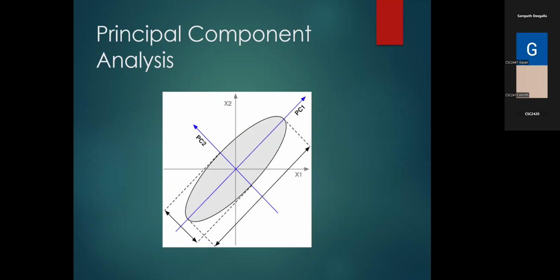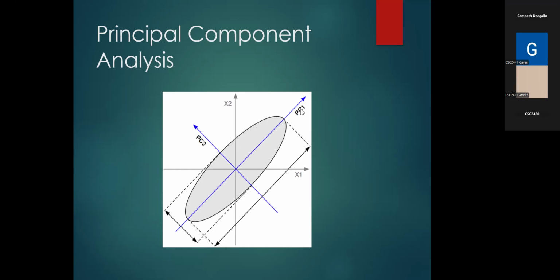What happens is, as I told you earlier, you look at the most variance in the data set. You can see here the data is represented as an oval, and you select the first principal component along the highest variance, because this is the highest spread in the data compared to the middle point.